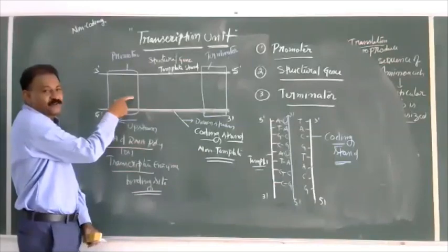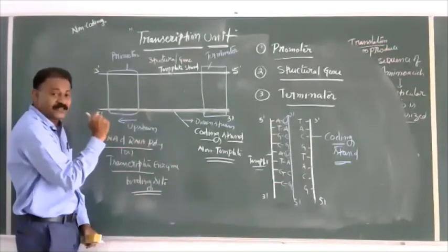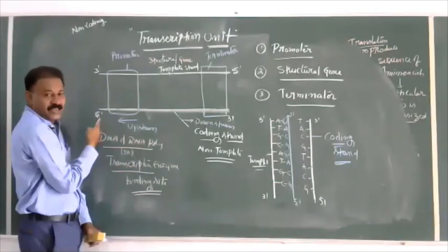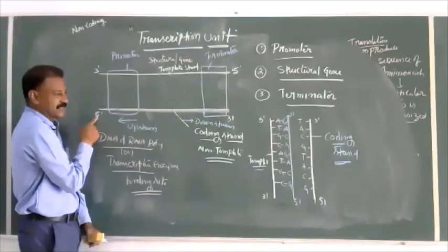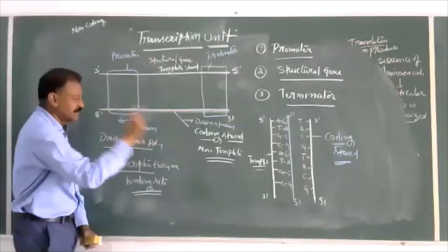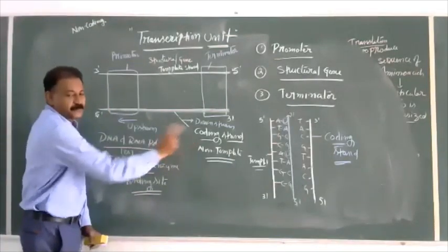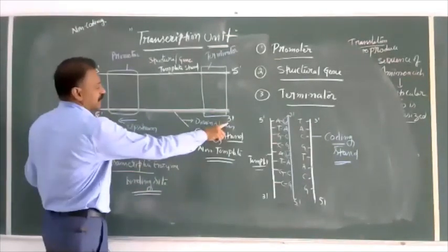What is the promoter? Promoter is towards the 5' upstream end according to the coding strand, because the reference should be taken as the coding strand's direction, polarity. And the terminator is towards the 3' end.